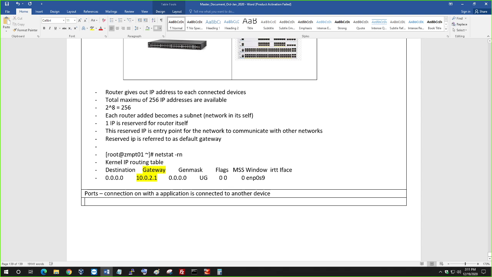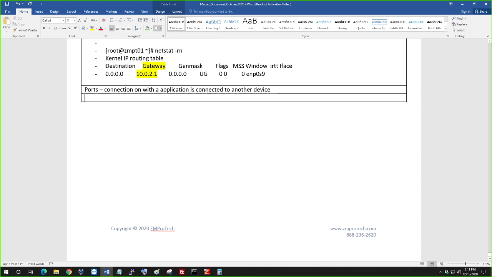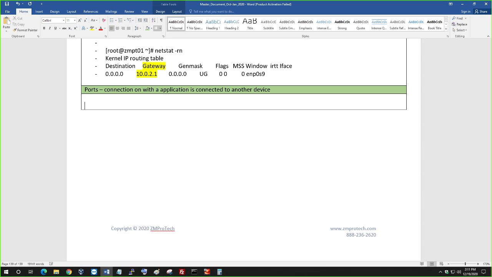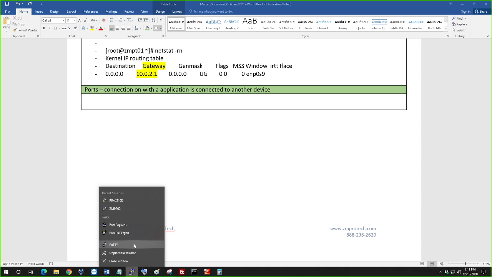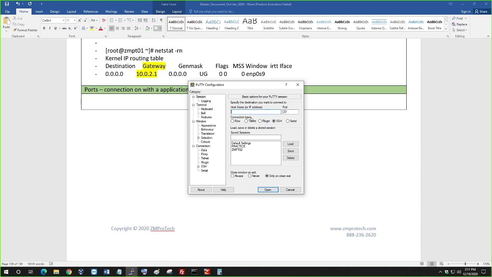Okay, so we all know what a port is. Just like a shipping port, that's where you dock. So if you are connecting using SSH, what is the port you're going to use? 22. So if you're going to use an SSH connection, the default is 22.